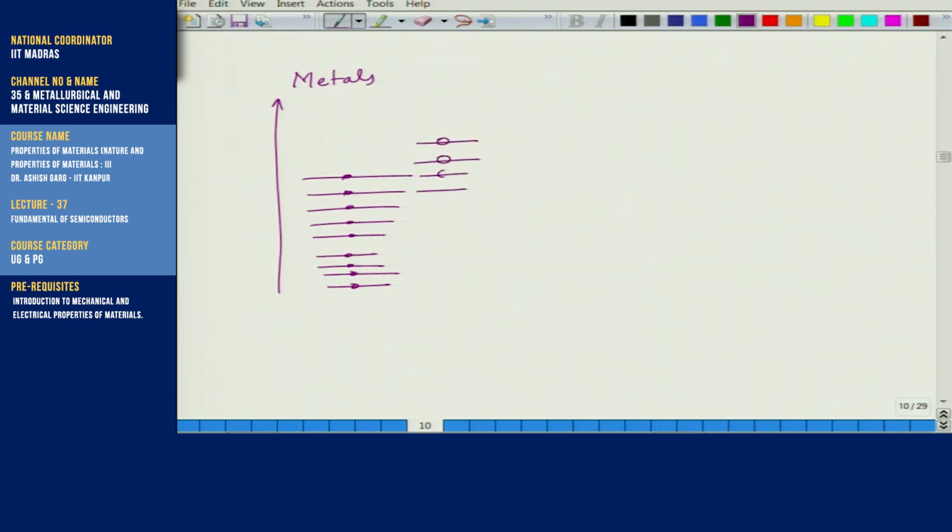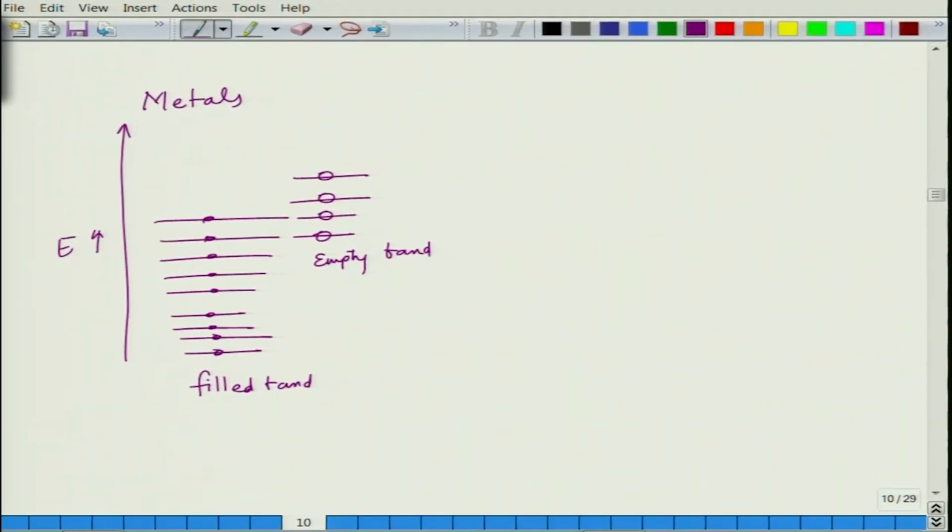These are all filled bands, and this is an empty band, and this is energy. So at the same energy state there are some empty states, so there is room for the electron to move. As a result the electron can flip-flop here and there, and this is what a metal is. In the semiconductor the situation is different.